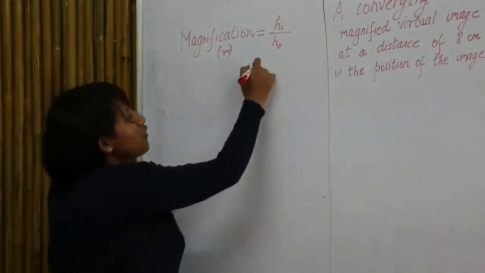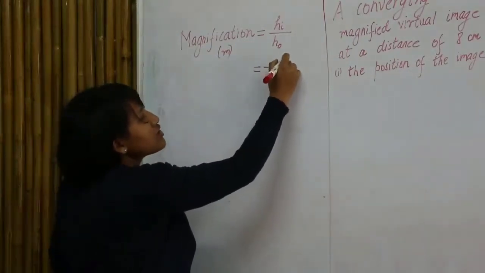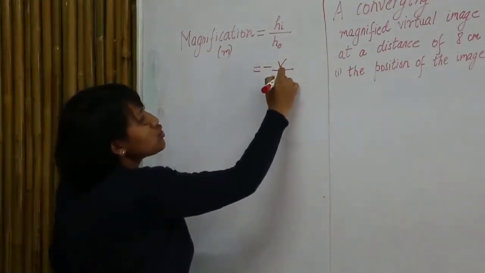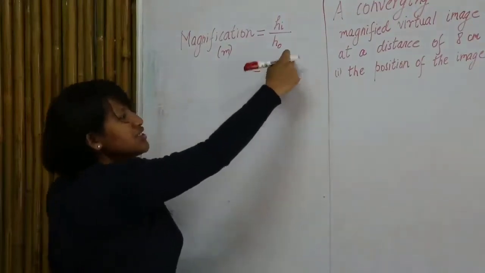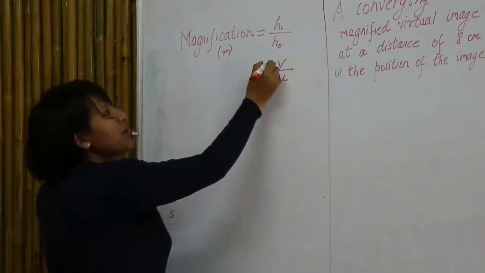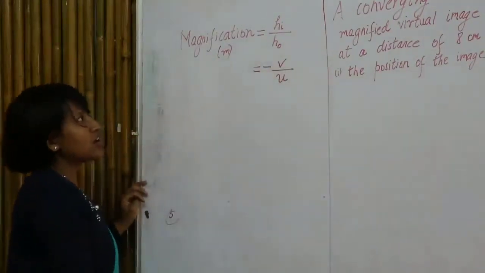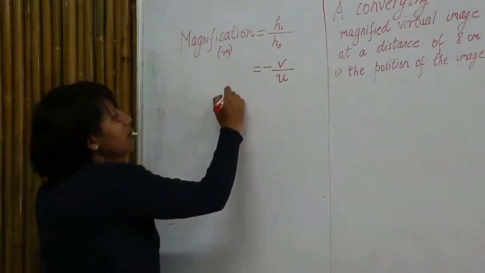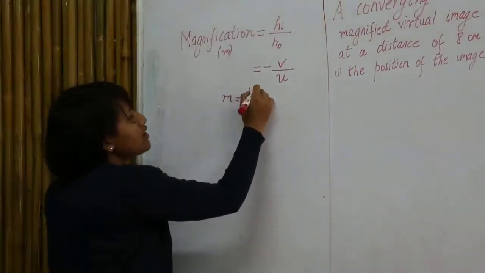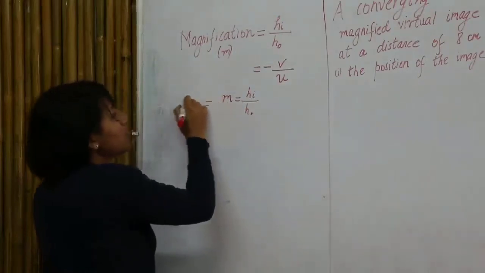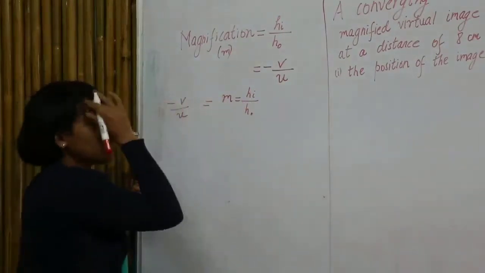It is also found that magnification is equal to the ratio of the image distance to the object distance, however with a negative sign. So m is equal to hi by ho, which is equal to minus v by u.